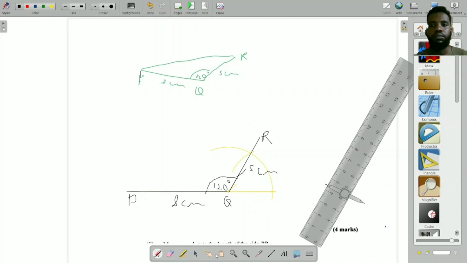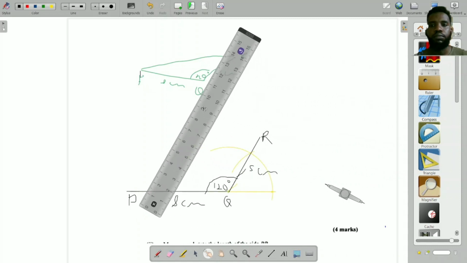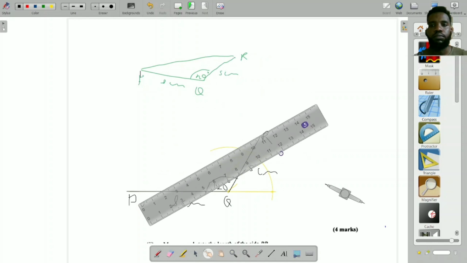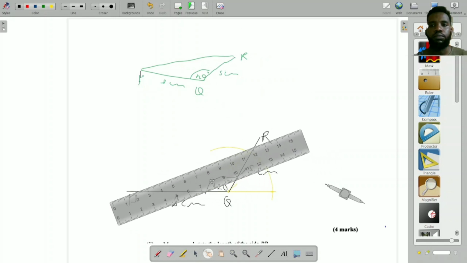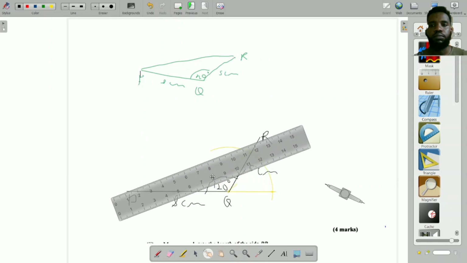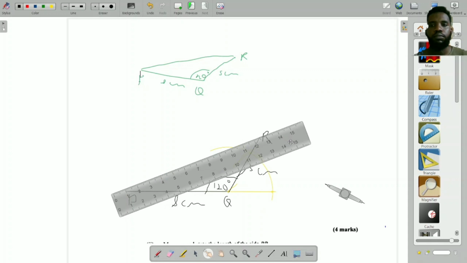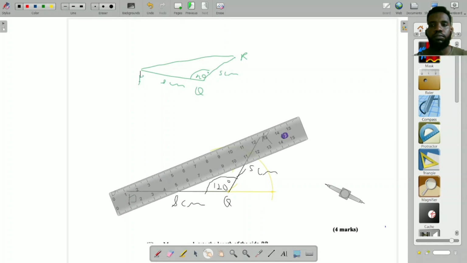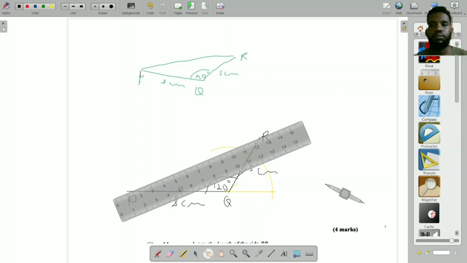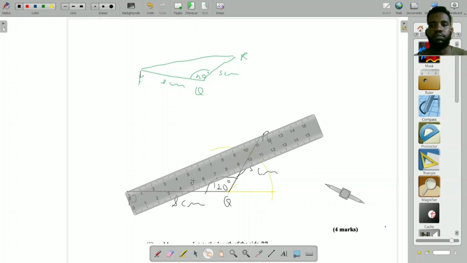And then this would be 120 degrees. Don't forget to put that in. Then I need to complete it to get my triangle. So let me bring this out here now. I'm going to join P to R. Right, not so bad there.